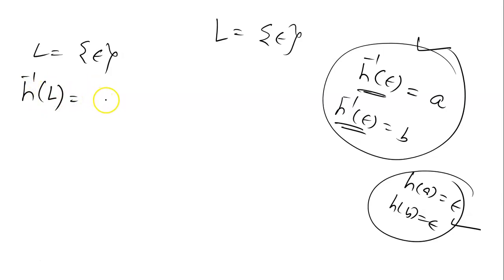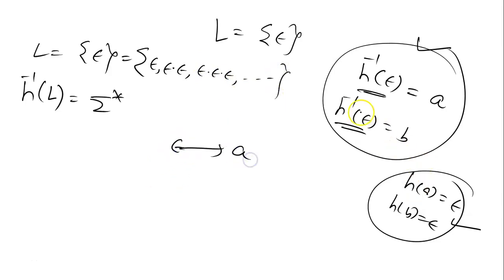The inverse homomorphism will be basically the set of all strings, sigma star. Why sigma star? Because I can write this L like epsilon, or like epsilon dot epsilon, or epsilon dot epsilon dot epsilon. Now from this epsilon, h inverse of epsilon is a also, h inverse of epsilon is b also.